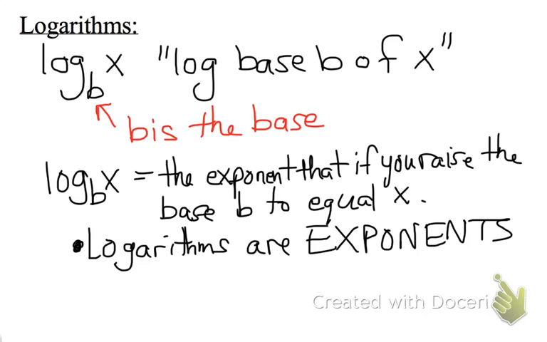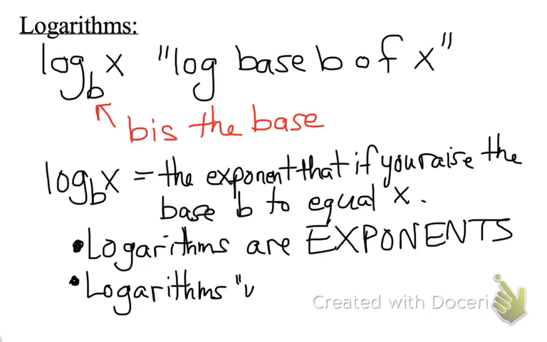As you try to familiarize yourself with logarithms, the best thing is going to be to keep going back to this idea that logarithms are exponents, because we're more familiar with exponents. What we'll see in a future video is that logarithms are the inverse operation to exponentials.